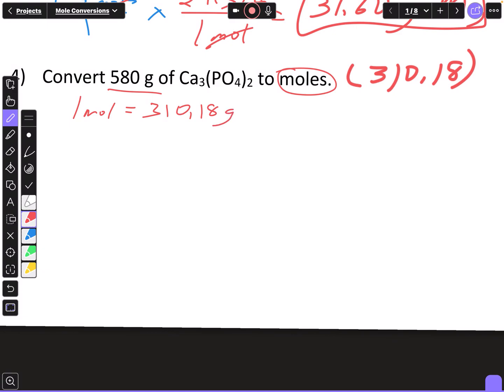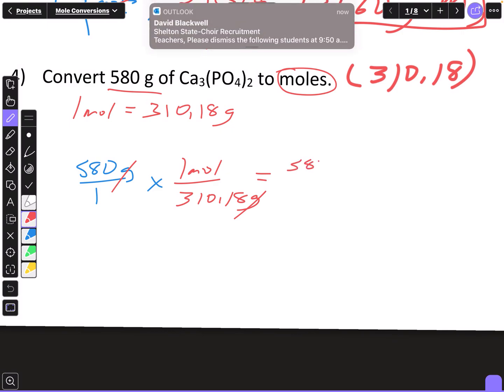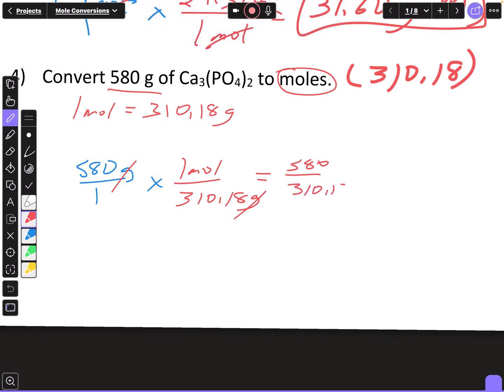So then I'm given in the problem 580 grams, put that over 1, going to multiply by my conversion factor. Now, since I'm going to moles, I want to put the 1 mole on top. I need my grams to cancel, so I put the 310.18 grams on bottom. That way my grams cancel. And then when I multiply it out, that'd be 580 times 1 equals 580. 1 times 310.18 equals 310.18.